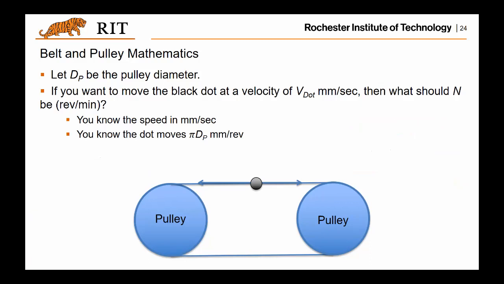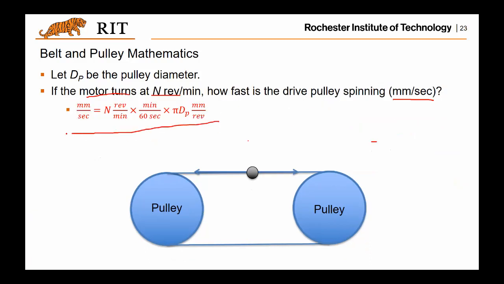And also, sometimes you have a desired velocity in millimeter per second, but you want to know what will be the revolutions per minute of the motor. Then how are you going to do it? Basically, you want to reverse this process, right?